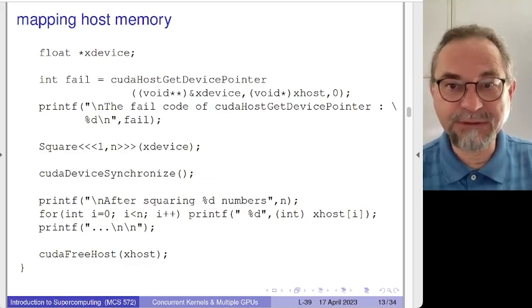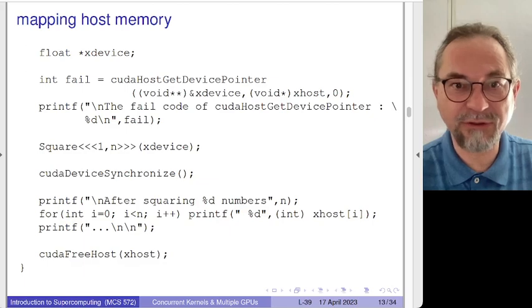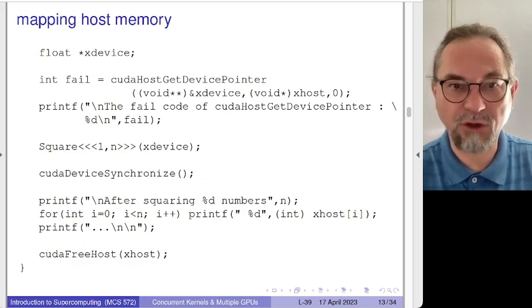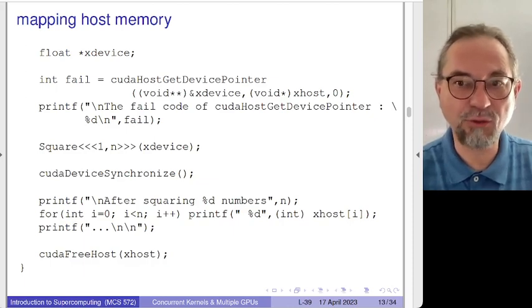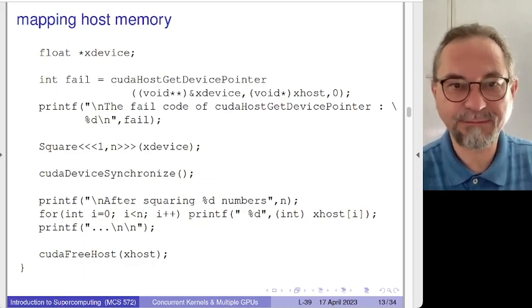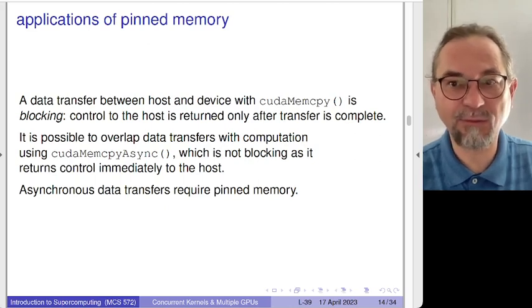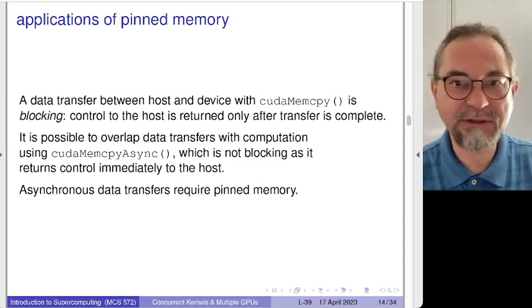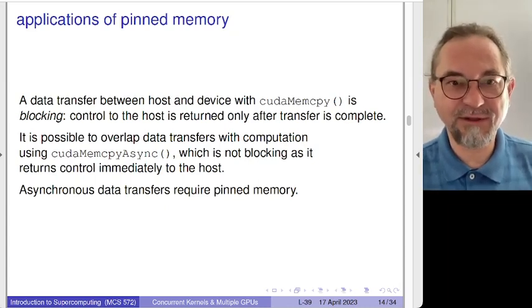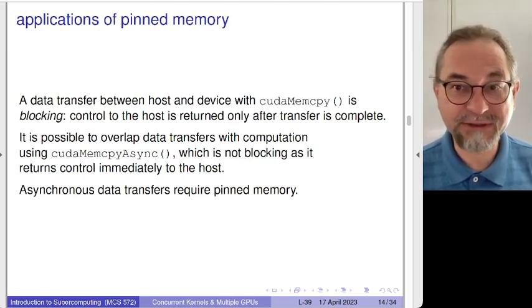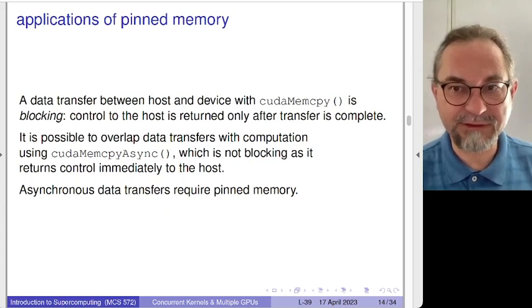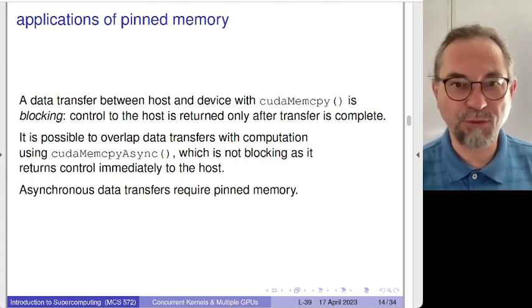Okay, so the use of pinned host memory does not require a modification of the kernel, but it replaces the CUDA mem copies that we did. Okay, and why would you want to do this? Well, this makes the transition to the second part, and it also relates a little bit to MPI message passing, where we had send and receive instructions that were blocking.